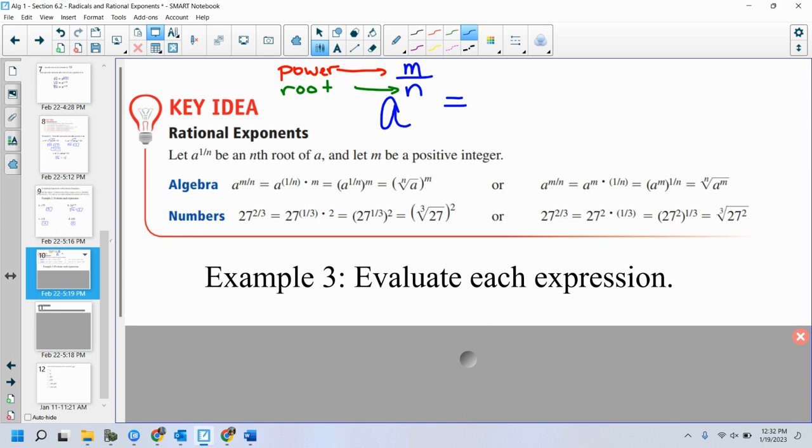So what I can say is actually two things. Let's apply the power first. We could say a to the m and then the nth root of that number. Or it's equivalent to saying the nth root first, then raise it to the m power.